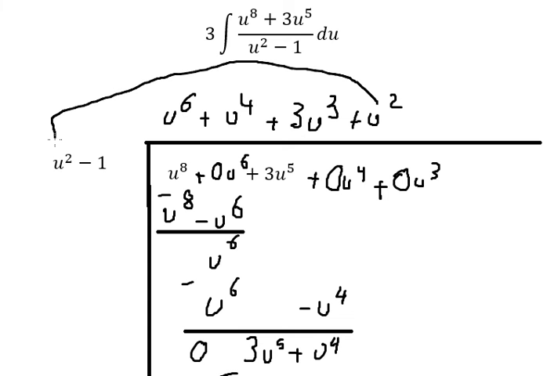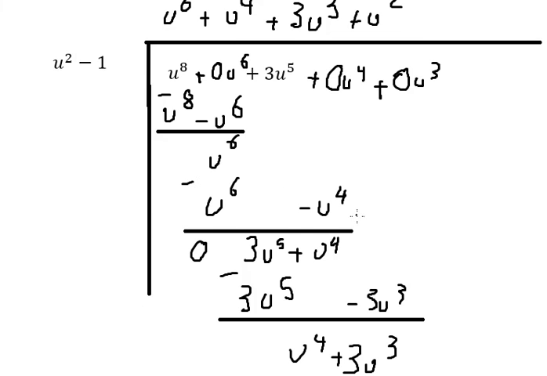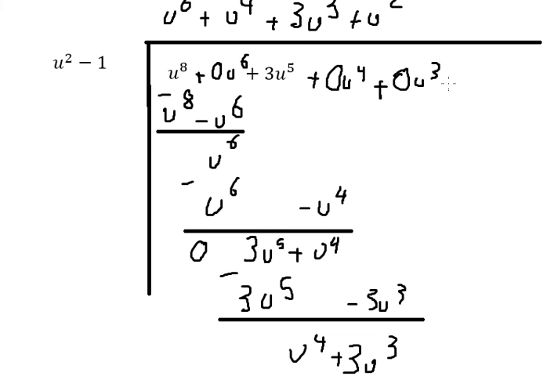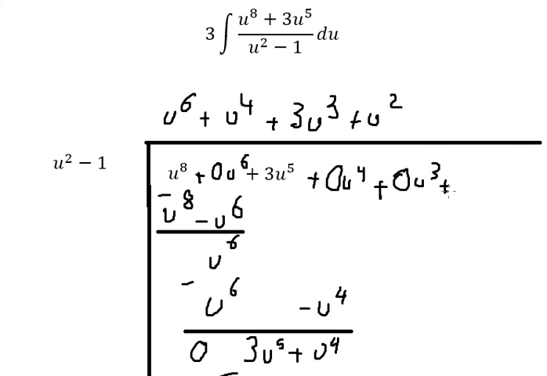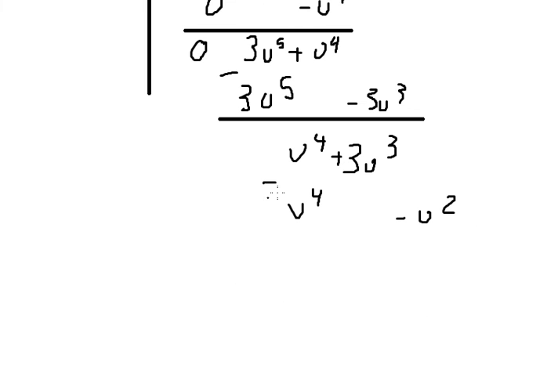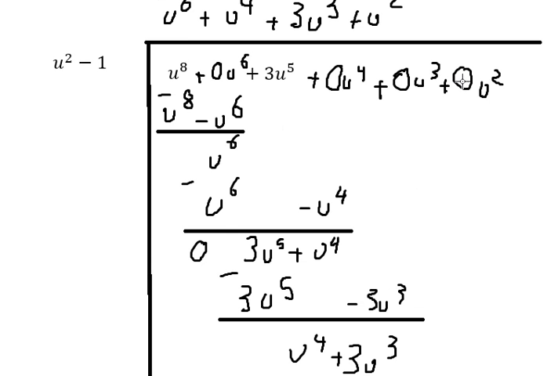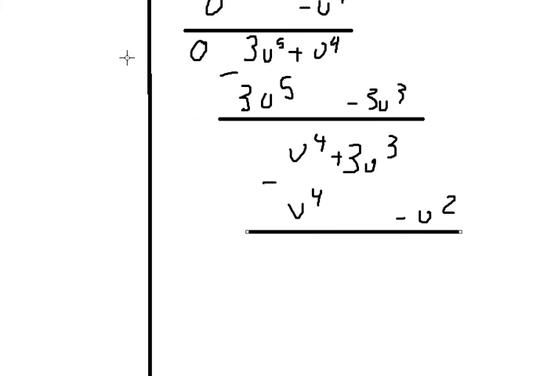U square multiplied by u square and negative number 1. So we have u to the power of 4 minus u square. Because we don't have u square in here, so we have 0 u square. This one minus this one, 0 minus negative u square, we have positive u square. This one gone here.